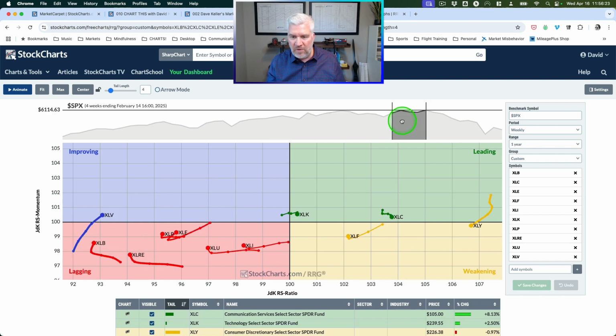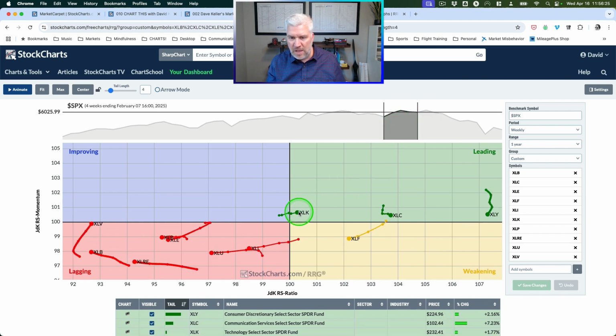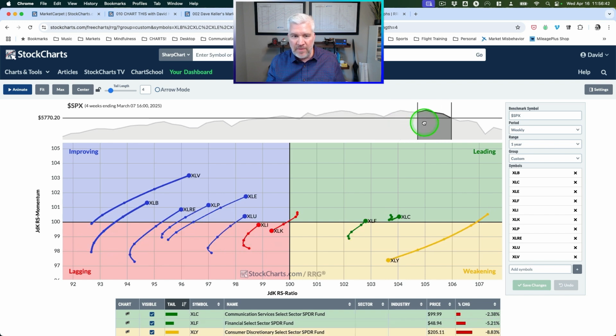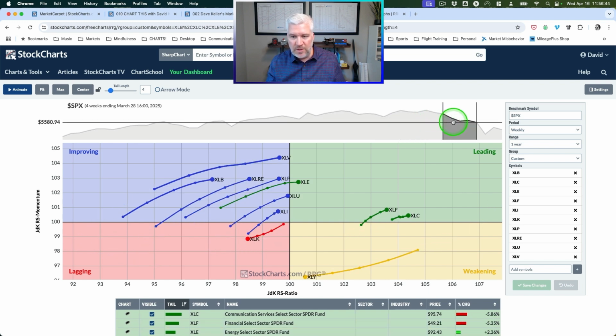note how you have offensive sectors like technology, communication services, consumer discretionary, all in the leading quadrant. In the lagging quadrant, we have all the value sectors, or most of them, and certainly all the defensive sectors with materials, real estate, healthcare, really underperforming. But look what happens going into the February peak, and then going into March, and then going into April.